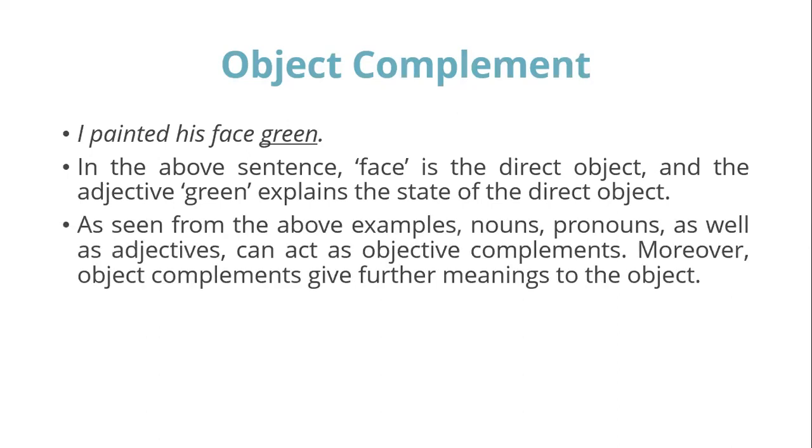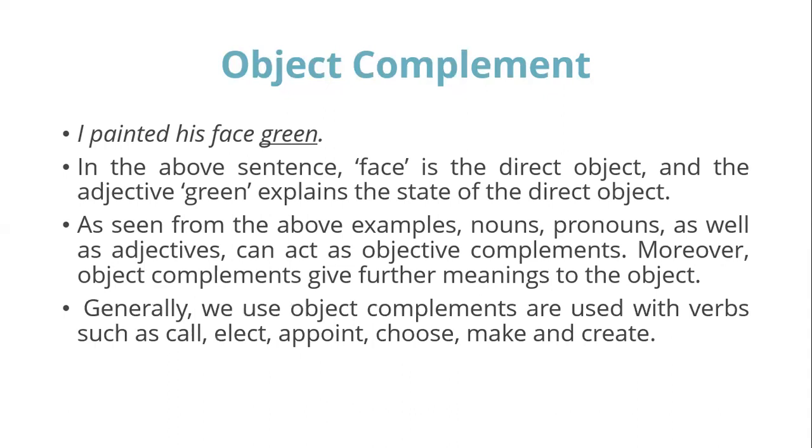As seen from the above examples, nouns, pronouns, as well as adjectives can act as object complements. Moreover, object complements give further meaning to the object. Generally, object complements are used with verbs such as call, elect, appoint, choose, make, create. But it's not always necessary to have such words, though there is a possibility.